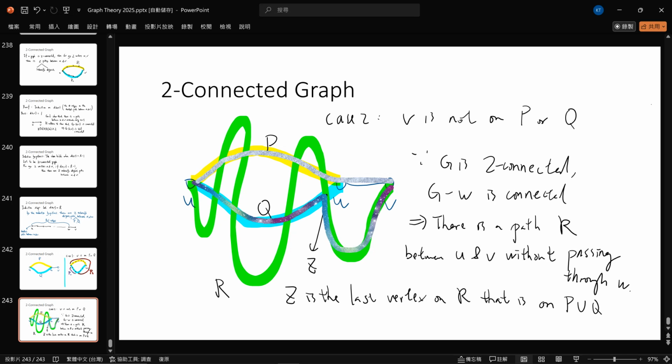All right, so given two vertices, output two internally disjoint paths.